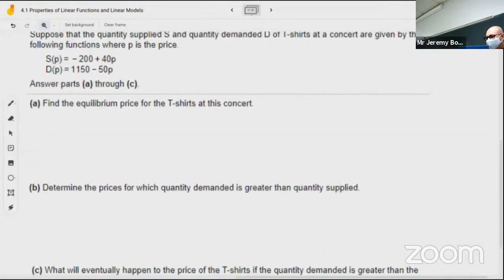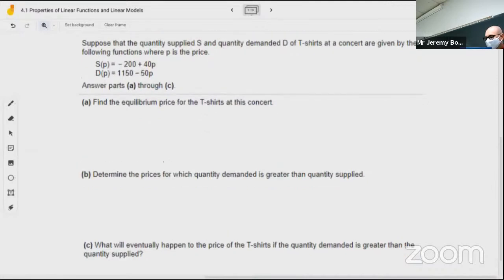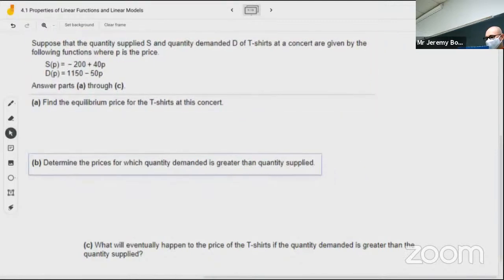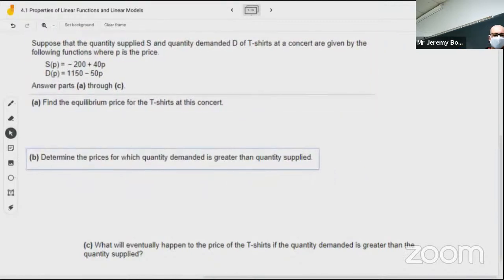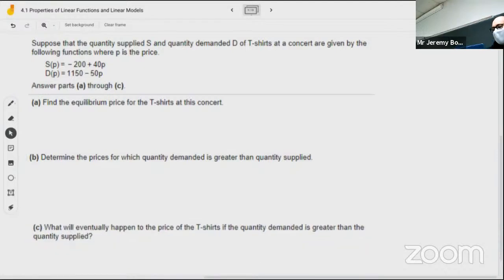All right, so here we go. We've got supply and demand functions. S of p is -200 plus 40p. Notice that they just switched around the function. Usually we looked at it as 40p minus 200, but they've just switched it around. That's not a big deal, right? We want to find the equilibrium price for t-shirts at a concert.